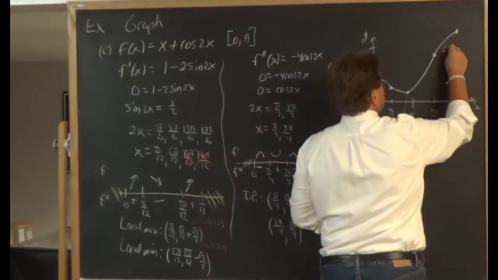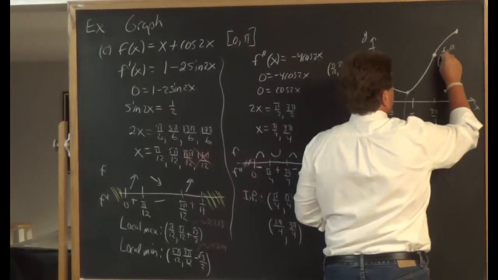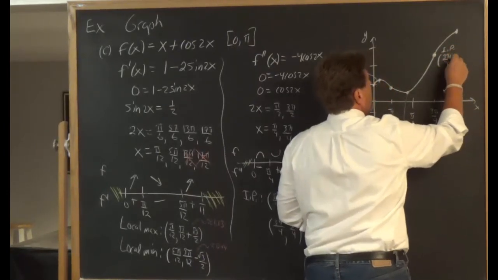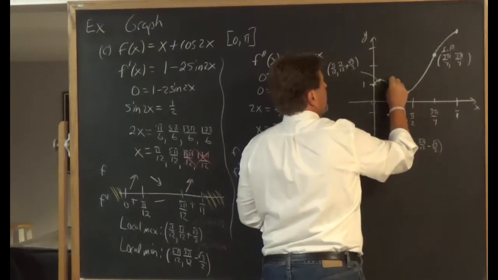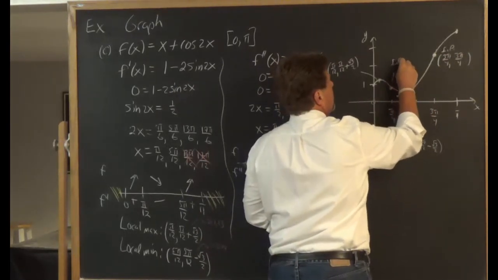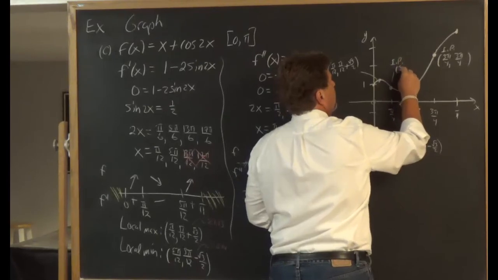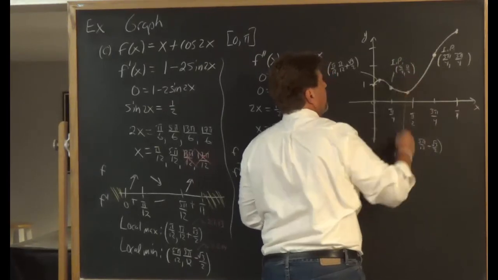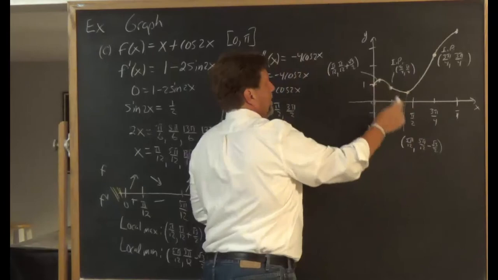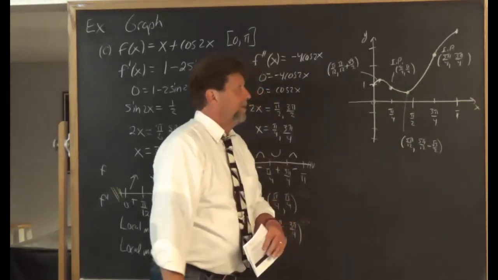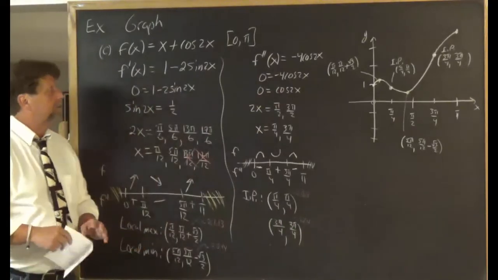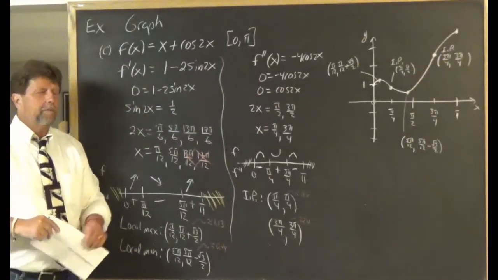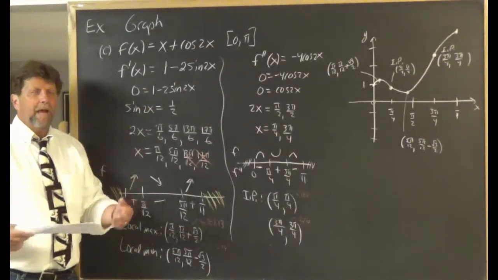This was an inflection point that was 3 pi over 4. This was an inflection point, pi over 4. We have the local max labeled, we have the local min labeled, and we say, wow, what an ugly problem. But we did it. The power of calculus.